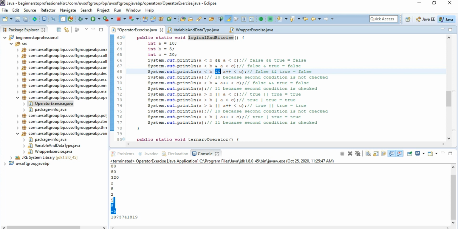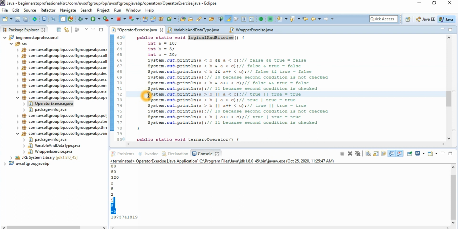It checks the second condition only if the first one is true. The bitwise AND operator only checks both conditions, whether the first condition is true or false. That doesn't matter.